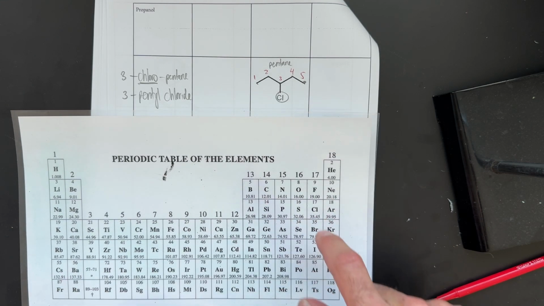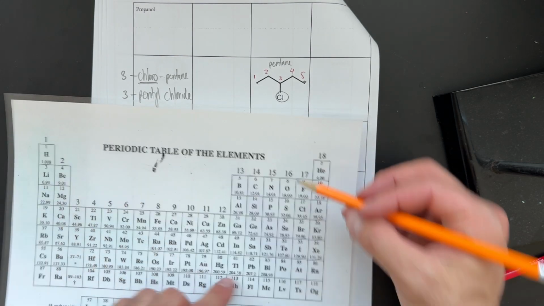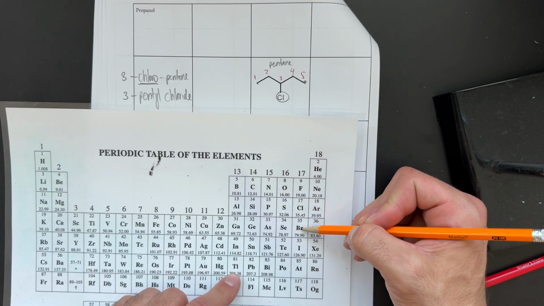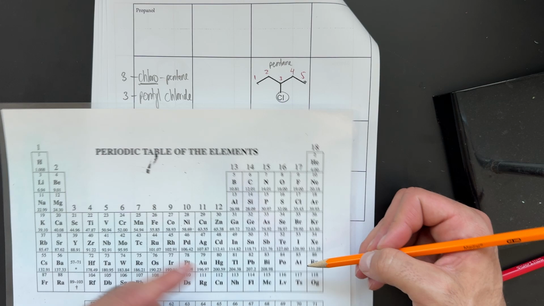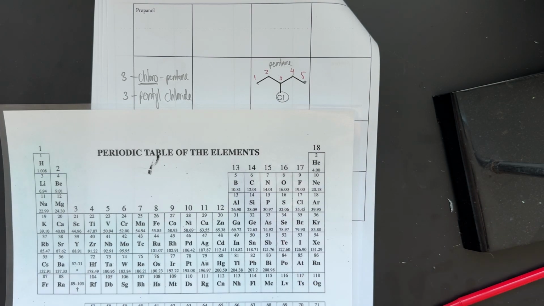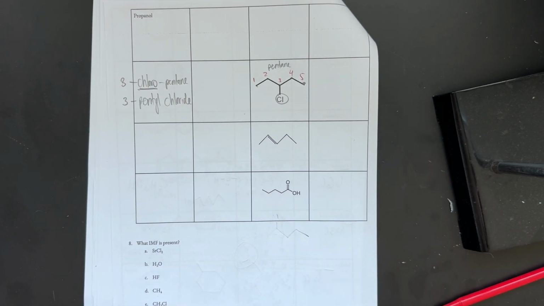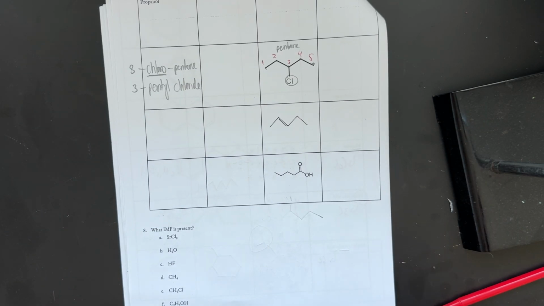So fluoro, chloro, bromo. Don't get overwhelmed. Don't be like, what about oxygen? Oxygen doesn't work that way, okay? It's just the halides. Fluoro, chloro, bromo. I guess we do iodo, but I never really use iodine. I don't really know if anyone does. So yeah, fluoro, chloro, bromo. Cool. Okay, that's all you need to know. 3-chloropentane. Cool. All right, so moving on to number 8.